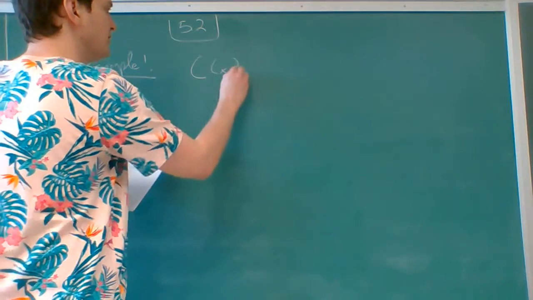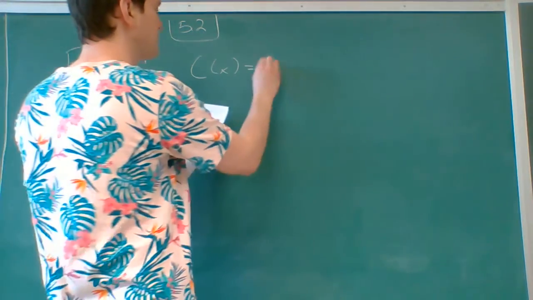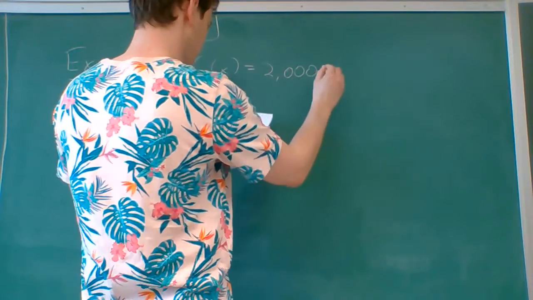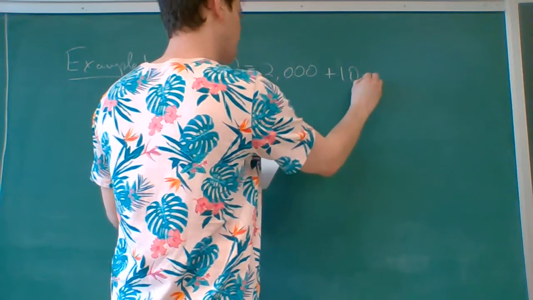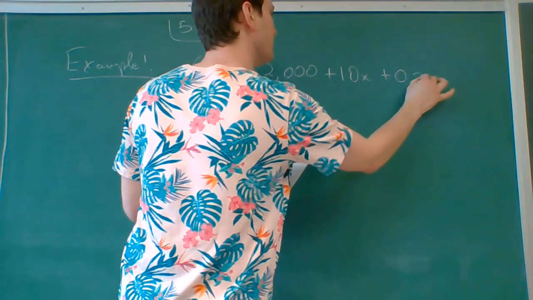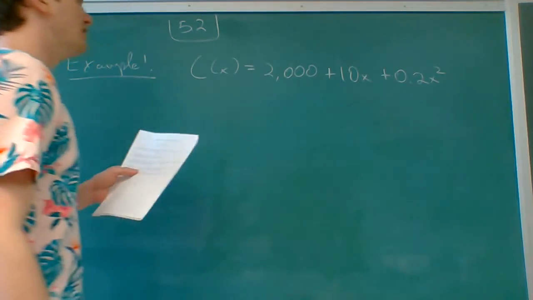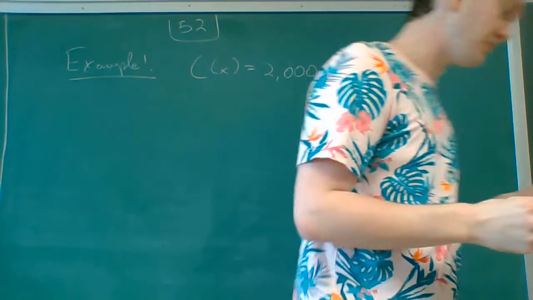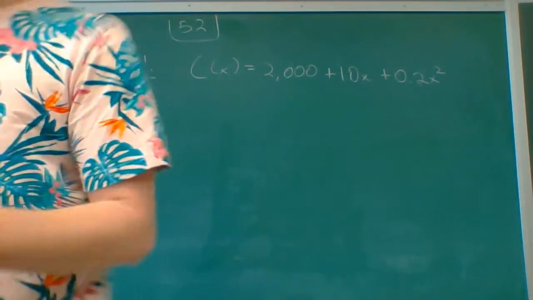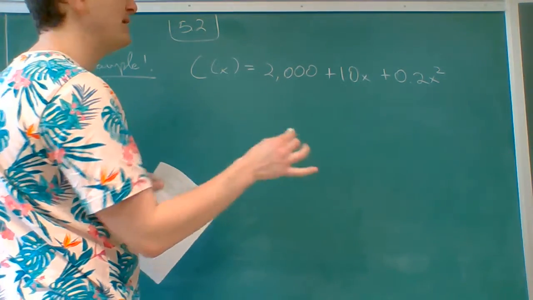So this is a cost function. C of x equals 2,000 plus 10x plus 0.2x squared. Now that run of up to 500, that is telling us what our domain restriction is here.